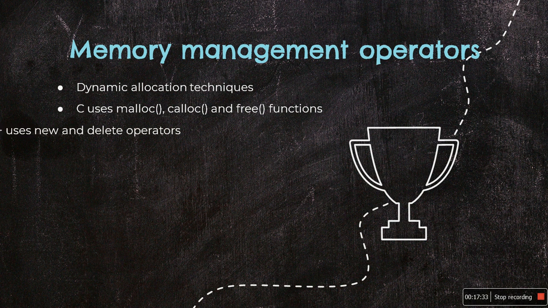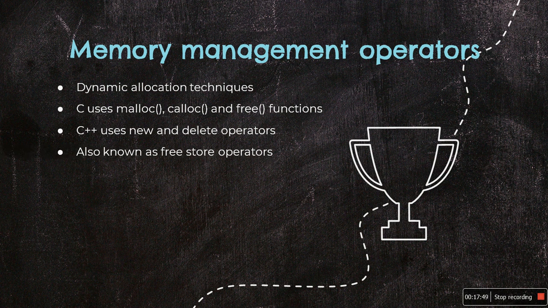But in C++, we use the new and delete operators to perform the task of allocating and freeing memory in a better and easier way. These are unary operators. Since these operators manipulate memory on the free store, they are also known as free store operators. An object can be created by using the new operator and destroyed by using the delete operator as and when required.